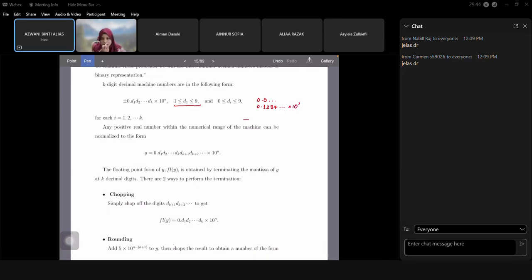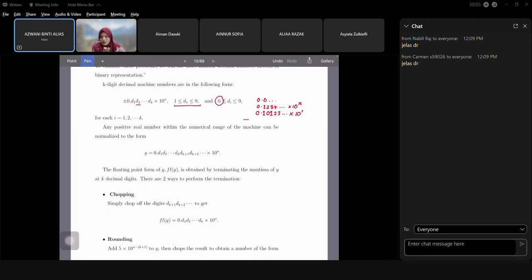Faham tak? Boleh? So bentuk ni 0.D1, D2, D2 can be 0 lah. So can be 1, 0, 1, 2, 3 up to any number to the power of n.